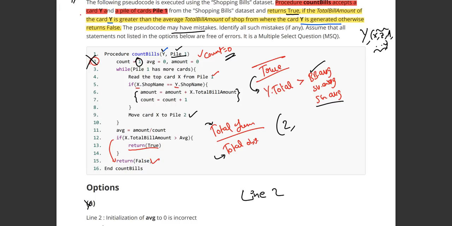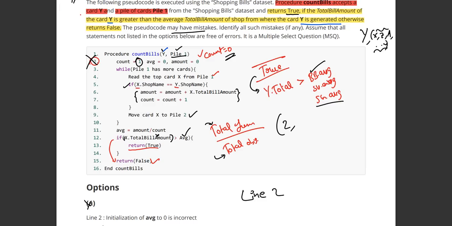X dot total bill amount is from the same shop from which Y has been generated. Therefore this part is not a mistake. The average is being calculated once this has been satisfied, right? Therefore the average is also right.